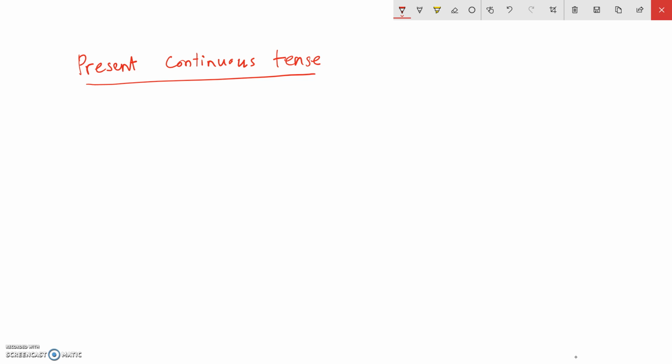It's made with am, is, or are, depending on the subject, plus verb plus ing form. It has two uses basically, the most common uses. It's used to talk about things that are happening now.